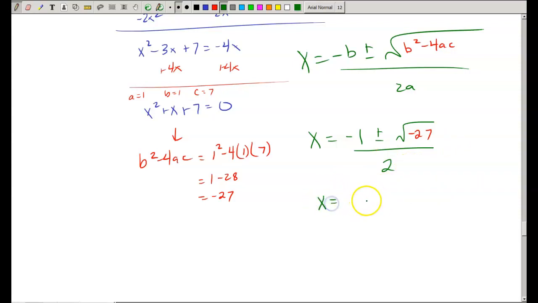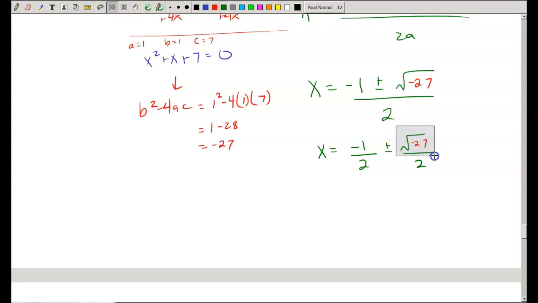I'm going to have x equals negative 1 over 2 plus or minus root negative 27 over 2. Now again, this is where we're writing this answer in a nice reduced exact form.